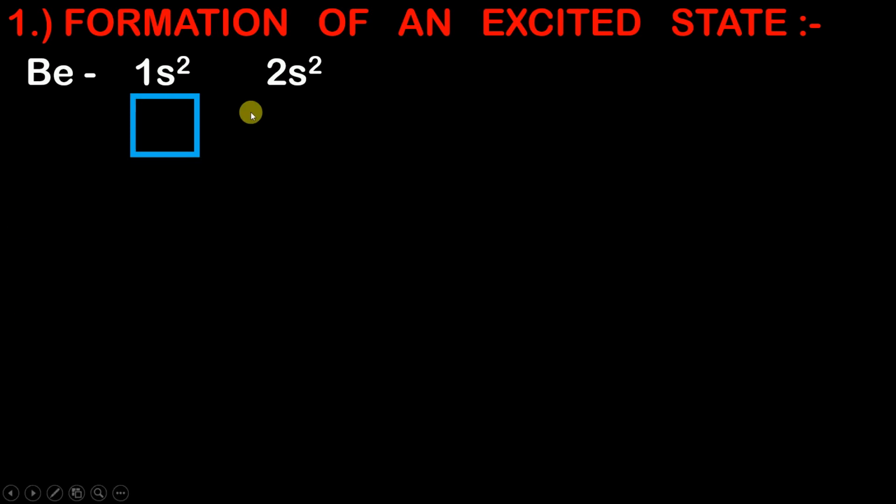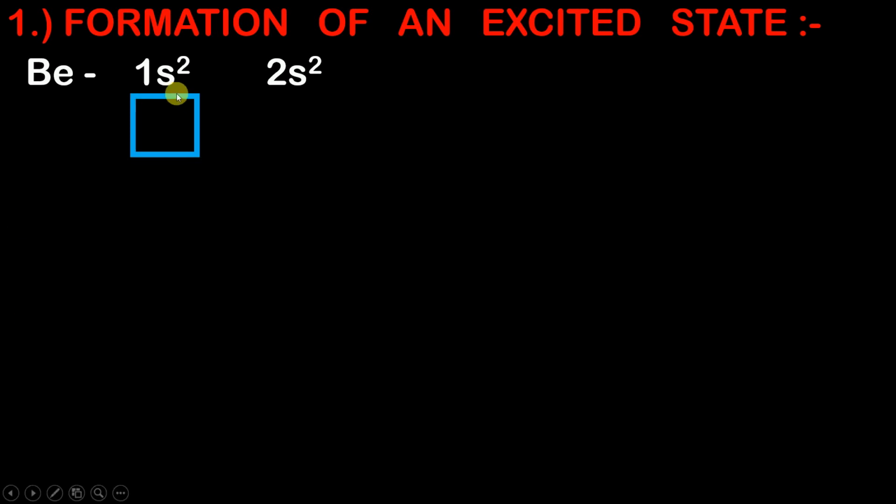As we all know, inside BeF2, beryllium is the central atom and the electronic configuration of Be is nothing but 1s2, 2s2. Now let us represent this according to Hund's rule. Inside this S subshell there is only one orbital present, therefore we draw one box.